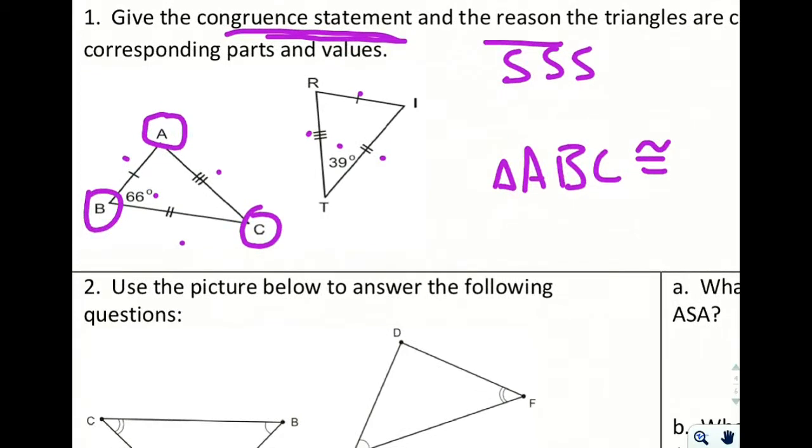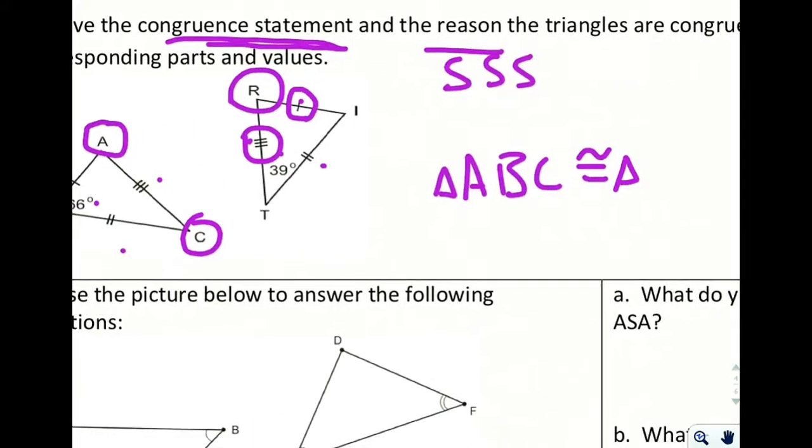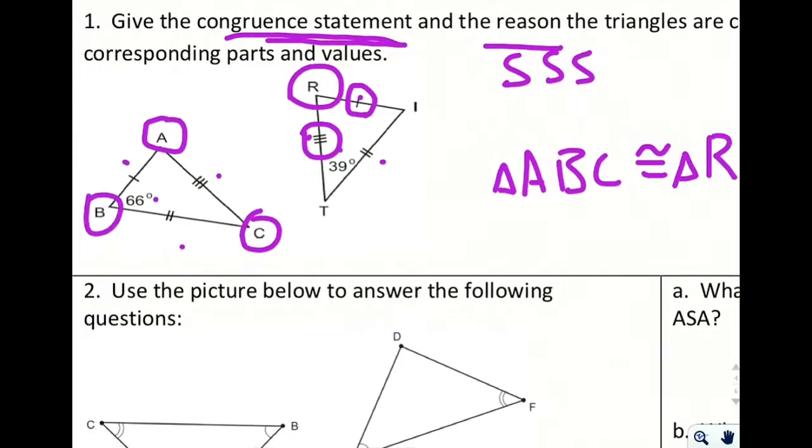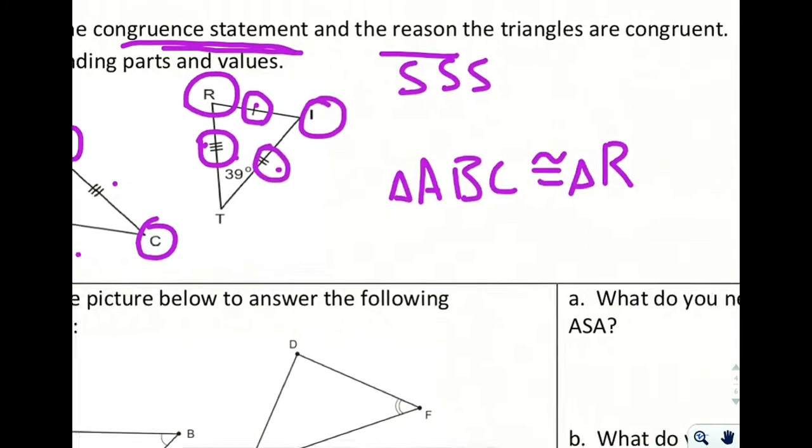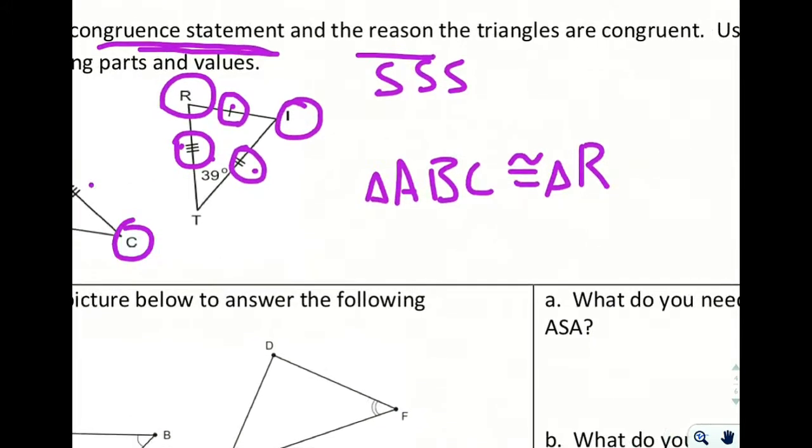A is at the intersection of the side with 1 tick mark and the side with 3 tick marks. The intersection of those is at angle R. So use our triangle symbol to say we're at a triangle, and then R. B is between the 1 and 2 tick marks, so the 1 and the 2 tick marks is going to be our I, and then we have a T. So R, I, T in that order.